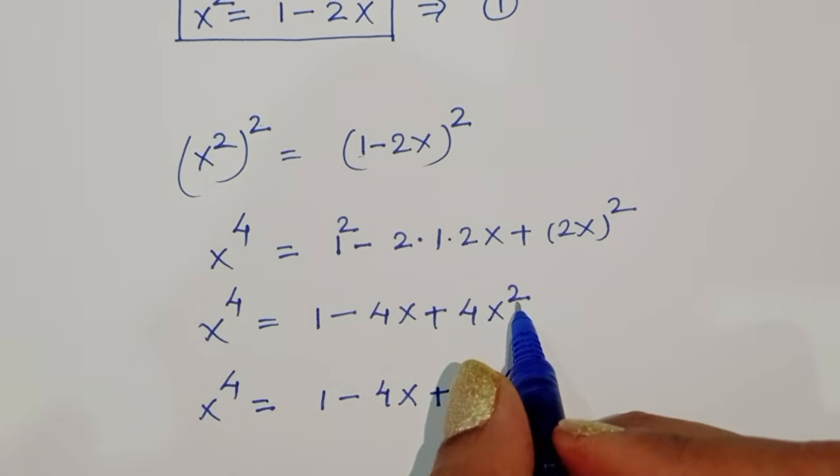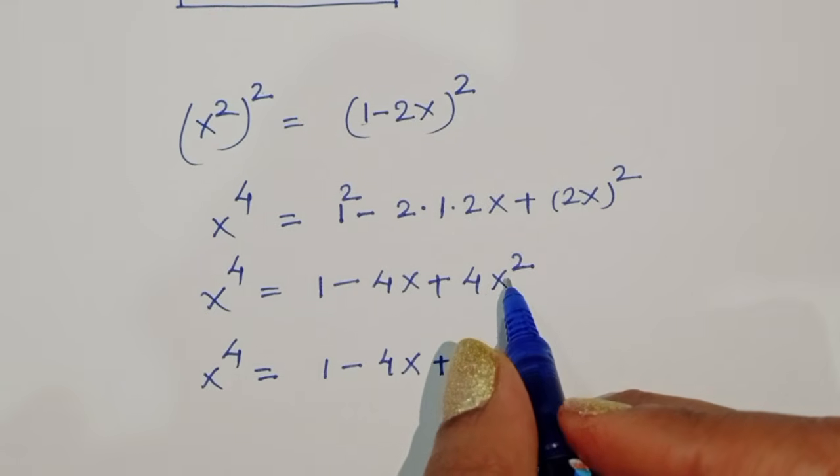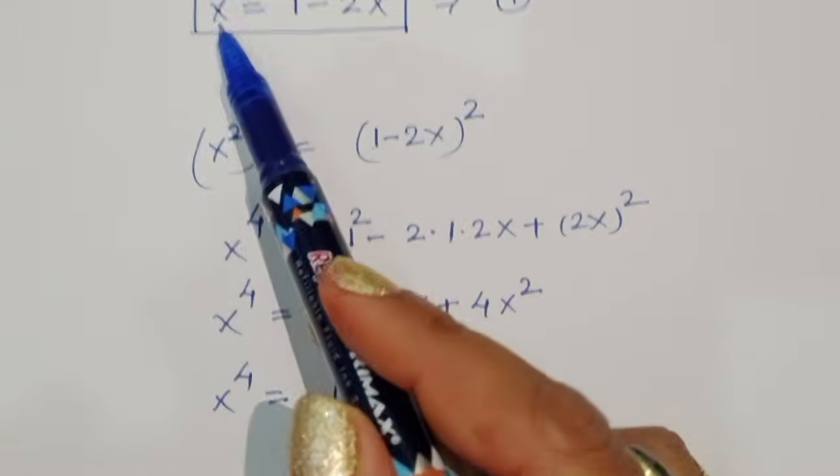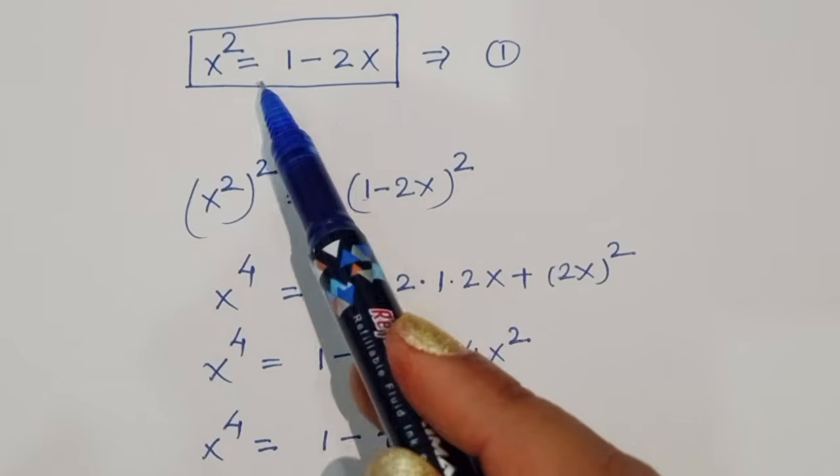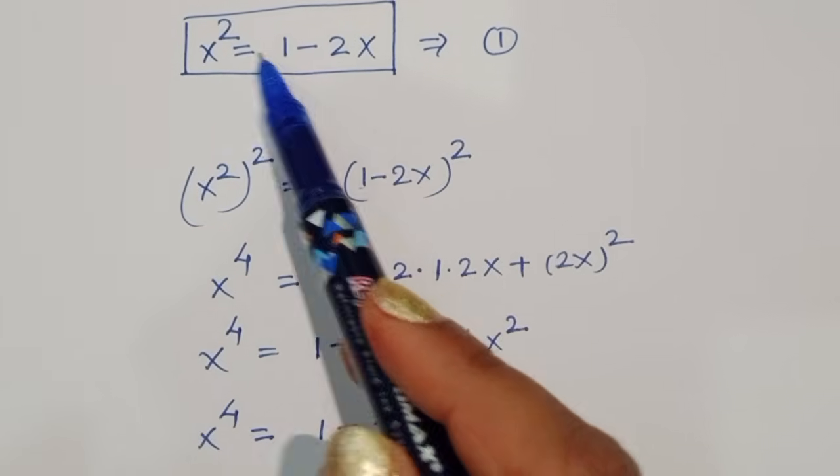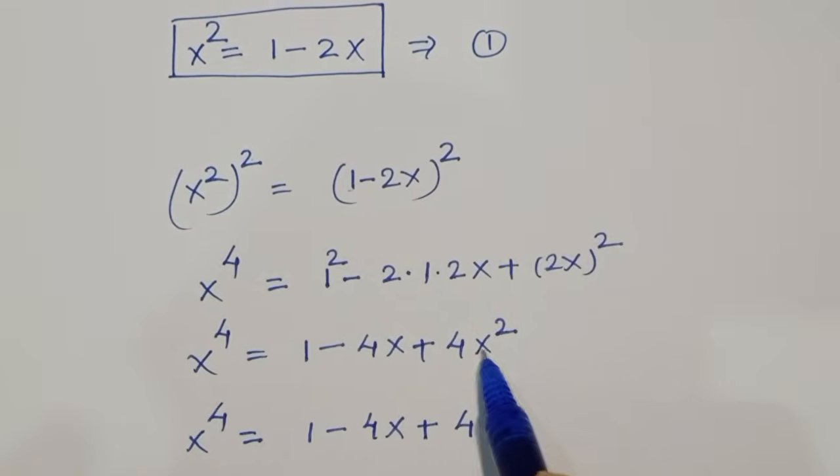Now the value of x square according to equation 1 is 1 minus 2x, so we substitute x square is equal to 1 minus 2x here.